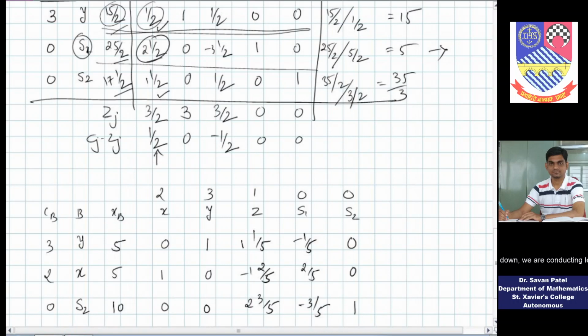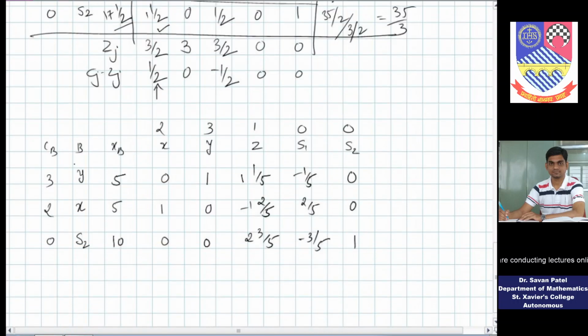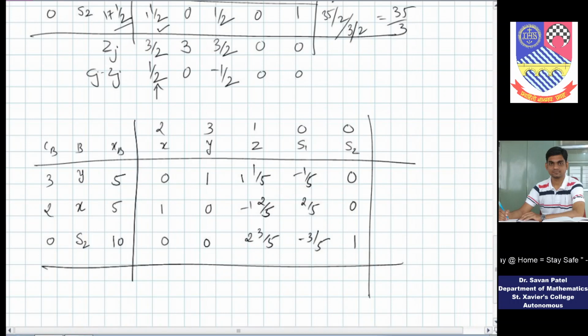You will be able to calculate this yourself. I am just writing the answers. Now evaluate the Zj's corresponding to the variables. So 3 times 0 is 0, plus 2 times 1 is 2. So here the value is 2, and so on. So 3, 4 by 5, 1 by 5, and 0. Cj minus Zj's are 0, 0, 1 by 5, minus 1 by 5, and 0.